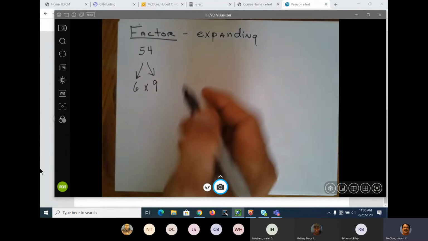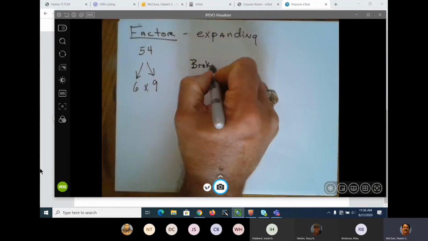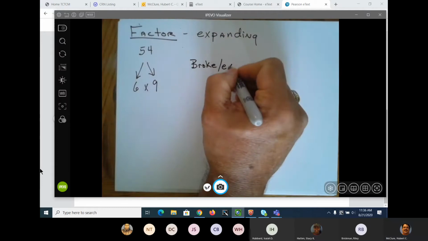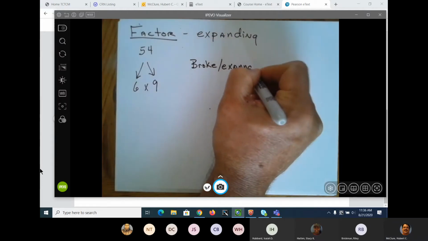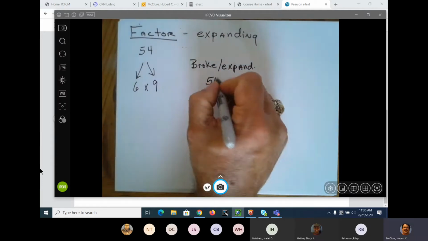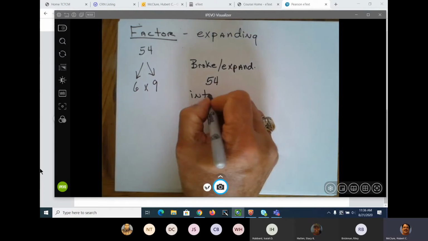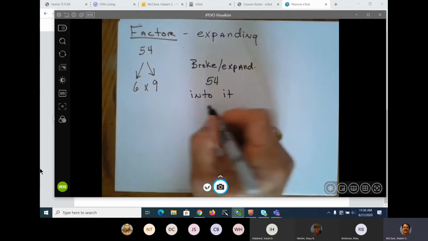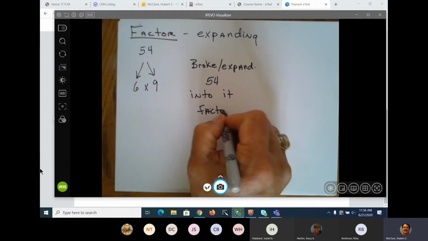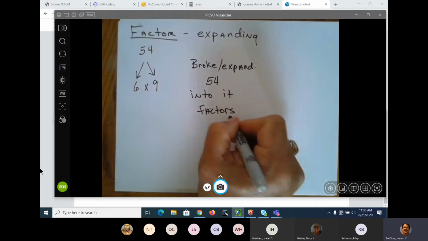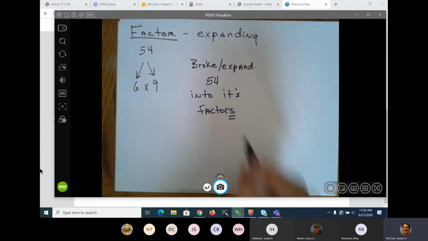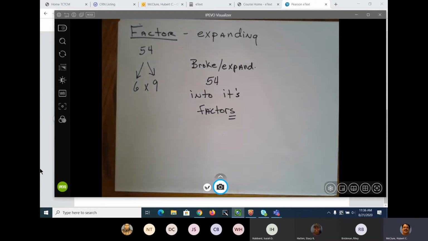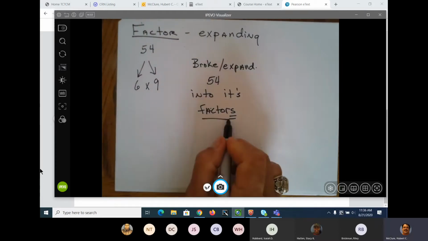You broke up or expanded 54 into what Ms. Hatton said, its factors. Now see, that's why the S, okay? The act of factoring is breaking something up or expanding it into its factors.